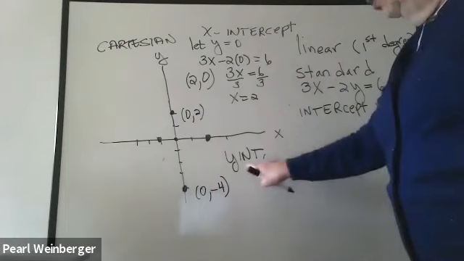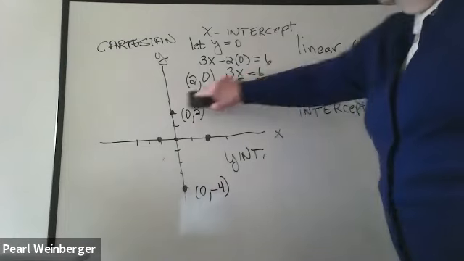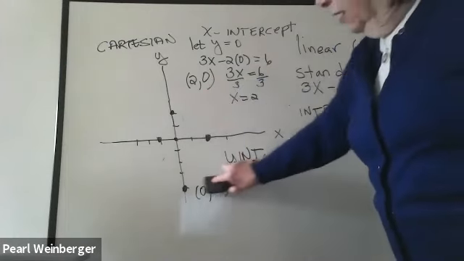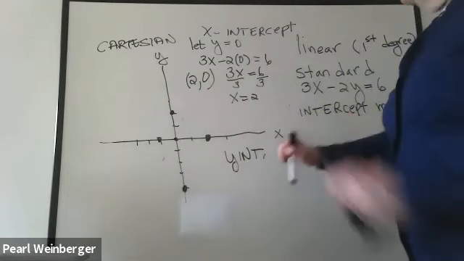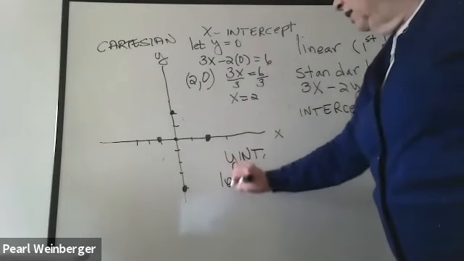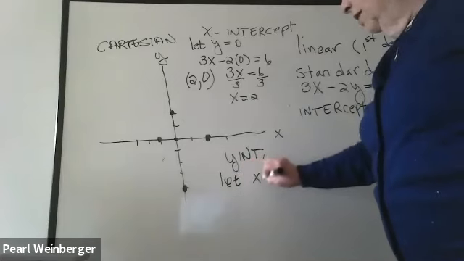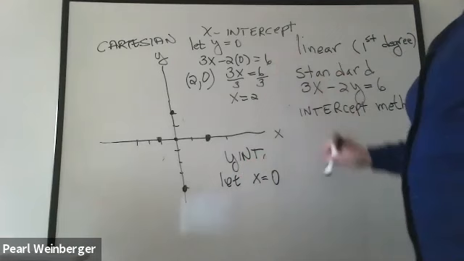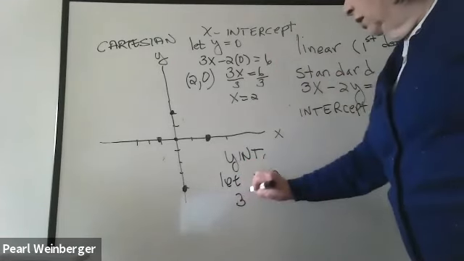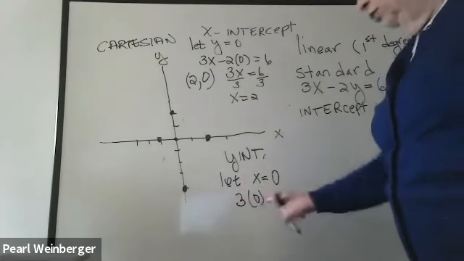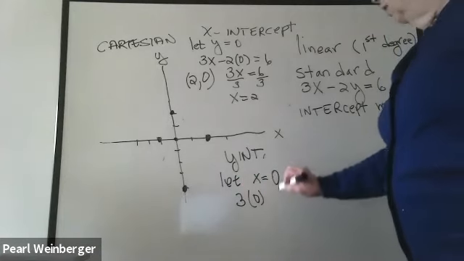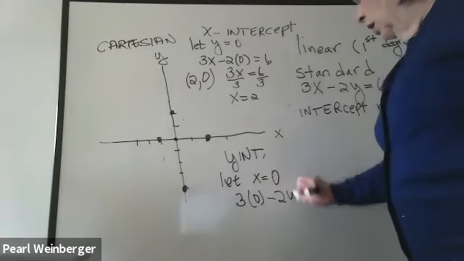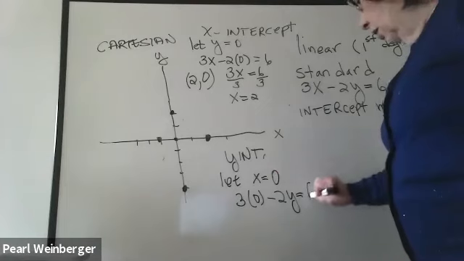So to find the y-intercept of the line, instead of putting the y equal to 0, we put the x equal to 0. And when we put the x equal to 0 in our equation, we're going to get 3 times 0 minus 2y equals 6.